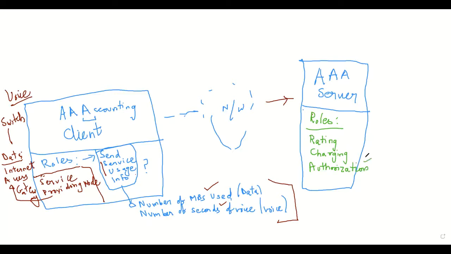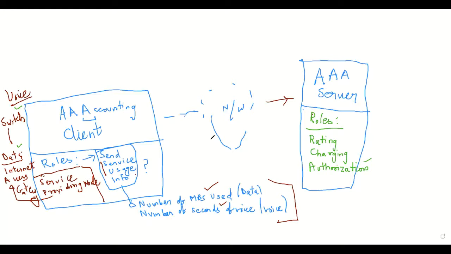Why do we consider authorization here? Aren't we talking about accounting, right? Aren't we beyond the phase of authorization? Don't we already know that this user, this subscriber, what is its identity? It has been identified, authenticated, authorized to use the service, whatever that service might be, voice or data, right?